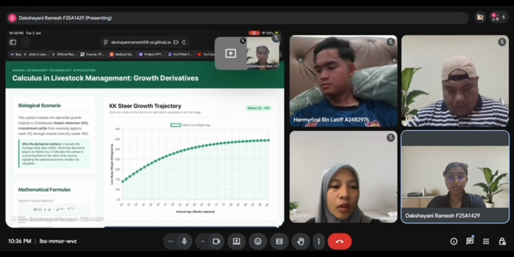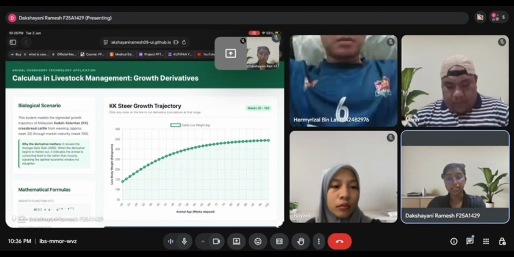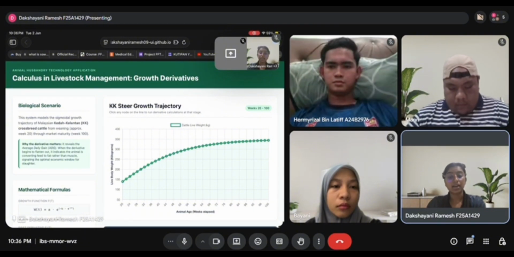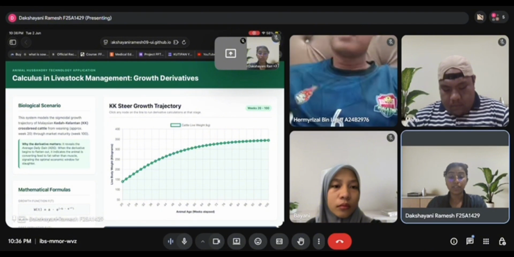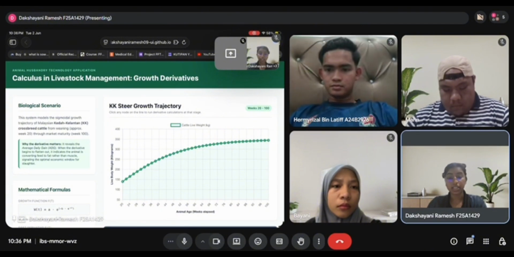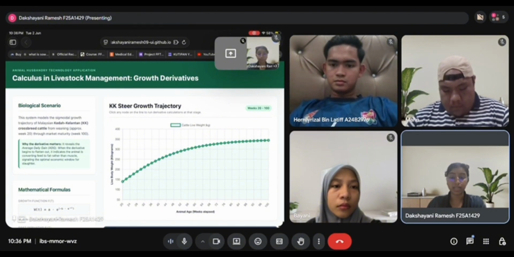Next, moving on to the importance of studying the bioscience problem. Studying it is very important because growth performance directly affects livestock productivity and profitability. When cattle are growing rapidly, feed is converted efficiently into muscle and body mass.